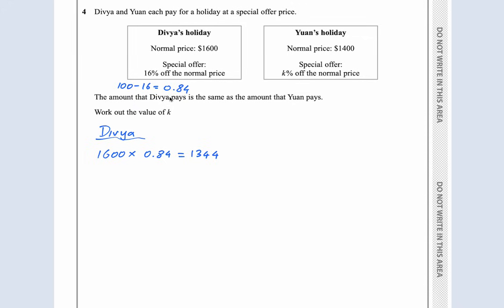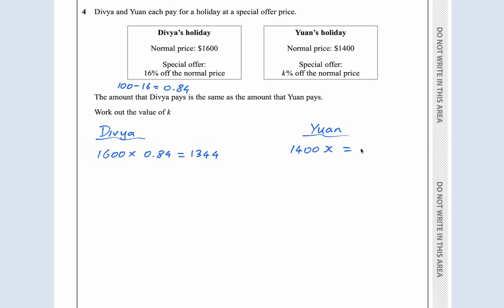And the price will be the same as this. Okay, so Juan, normal price is 1400, and we need to get a certain amount off. So I'm going to say 1400, let's say x. Let's find what this multiplier is.